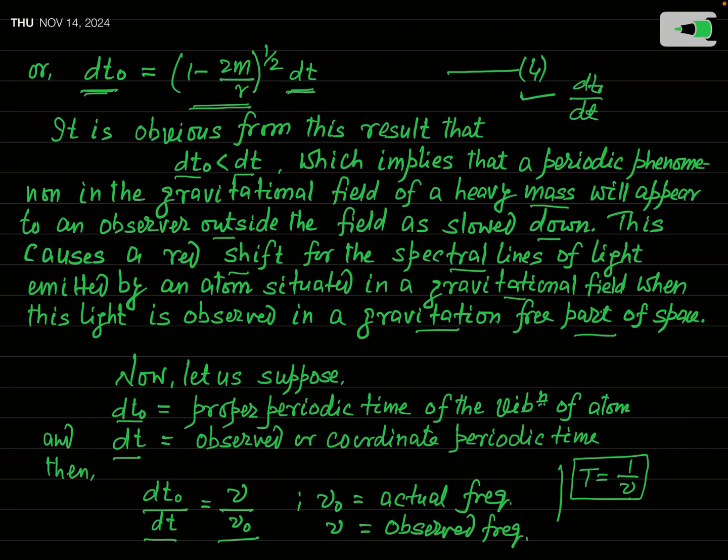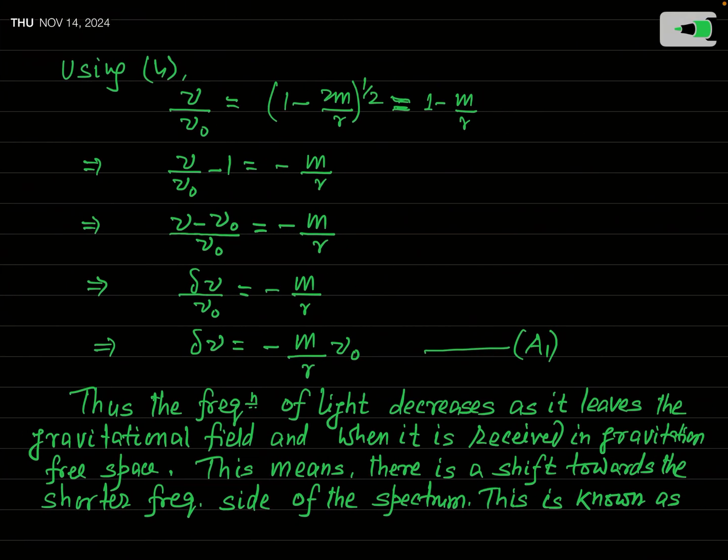You can see this will be simply equal to 1 minus 2m over r whole to the power half. So instead of dt naught by dt, from equation 4 you may write 1 minus 2m over r whole to the power half, and therefore you can equate nu over nu naught to this number.